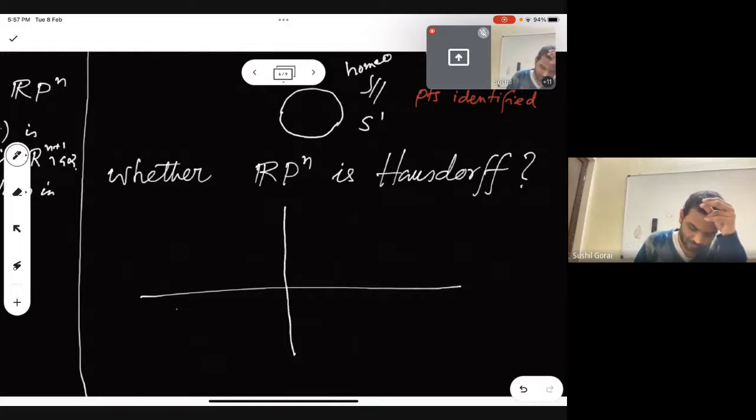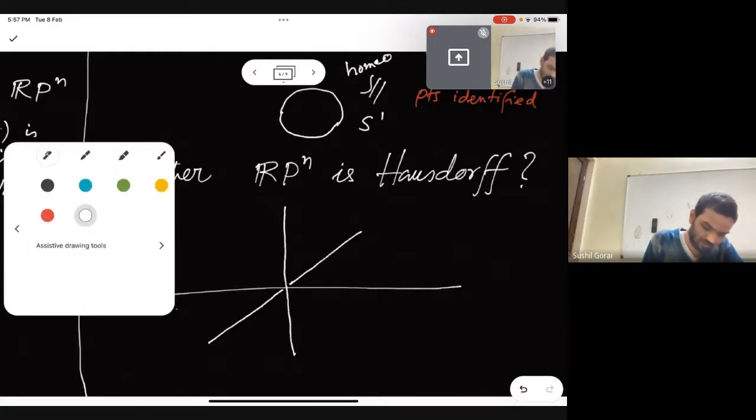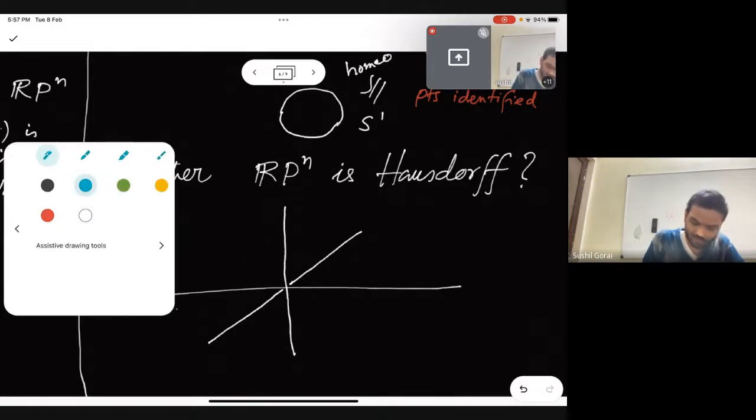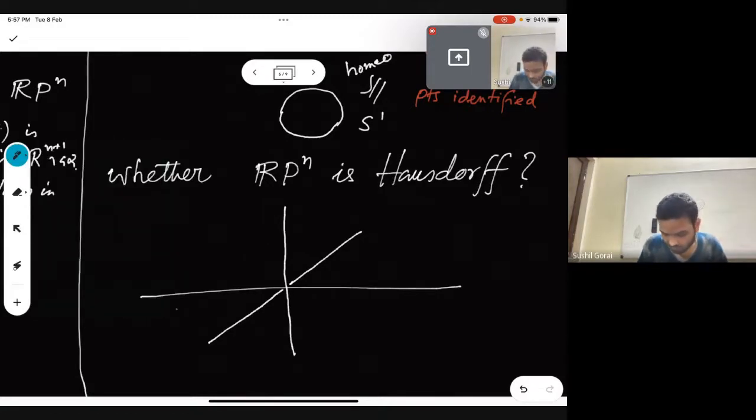So if you have a line passing through the origin, look at an open region. So this gives you a point in the quotient topology. And suppose this is another one, which gives you one other point in the quotient topology.